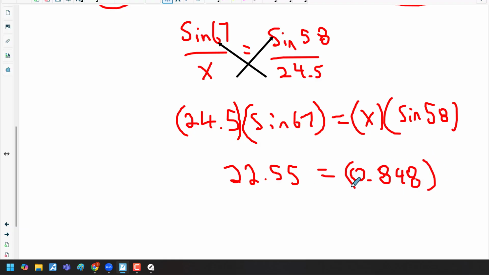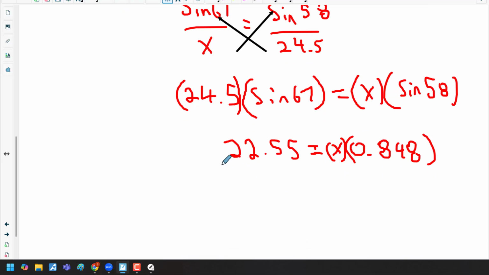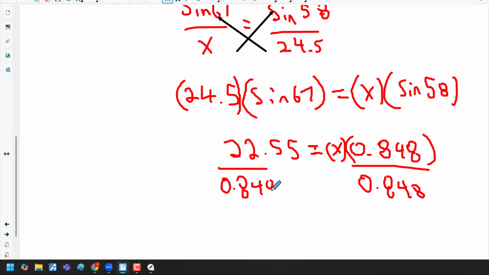But in my calculations, I'm going to keep all the decimal places when I'm plugging the numbers in my calculator. So I'm going to divide both sides by 0.848 or sine 58. Same thing.